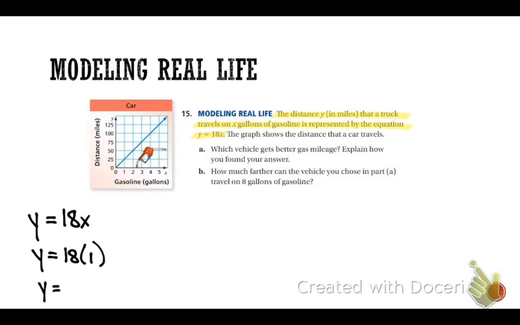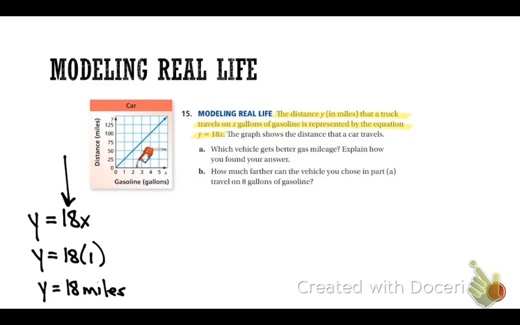Y equals 18 miles. What is that showing me? This number right here tells me how many miles I get per gallon. So what happens if I put 2 gallons of gas in my truck? 36. I go 36 miles. So the truck gets 18 miles per gallon.